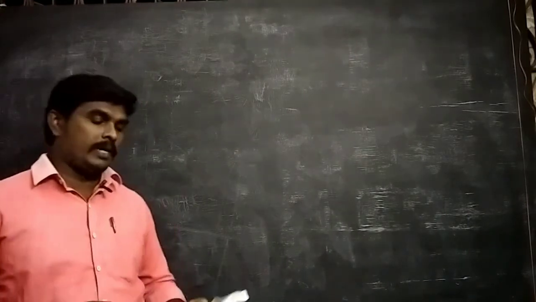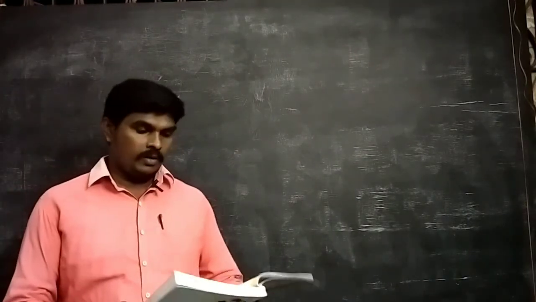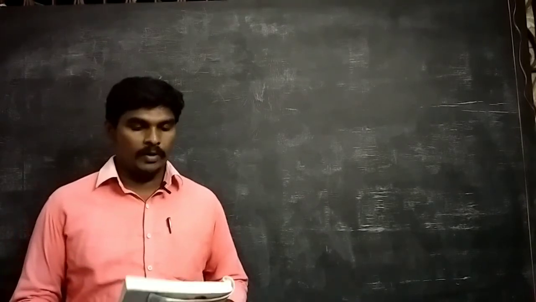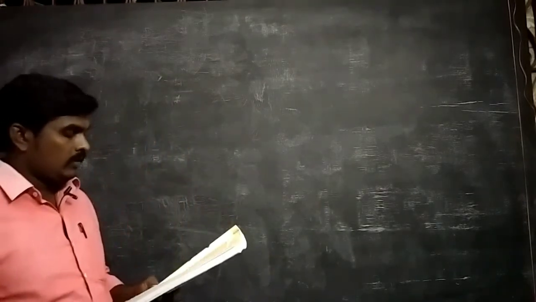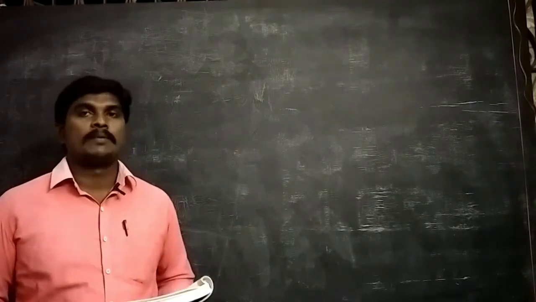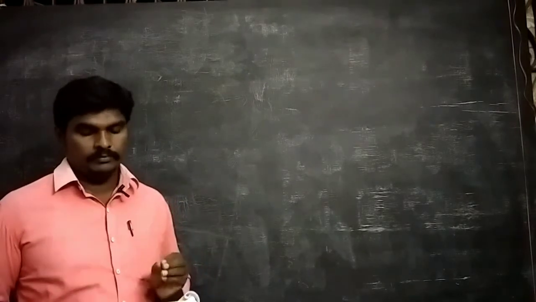Today I am going to explain these questions in the 9th class textbook, exercise number 1.1. In that exercise 1.1, the 7th Roman sums I am going to explain in this video.